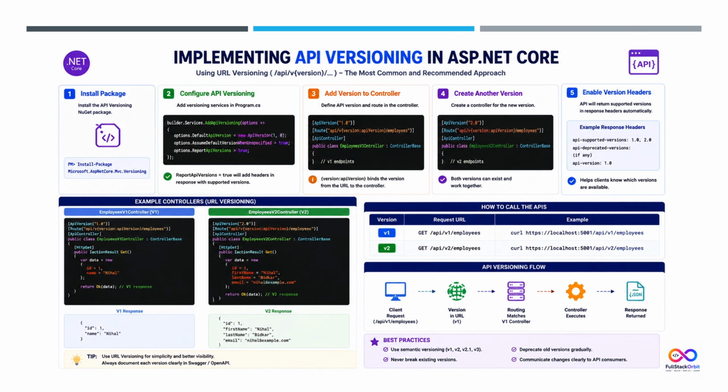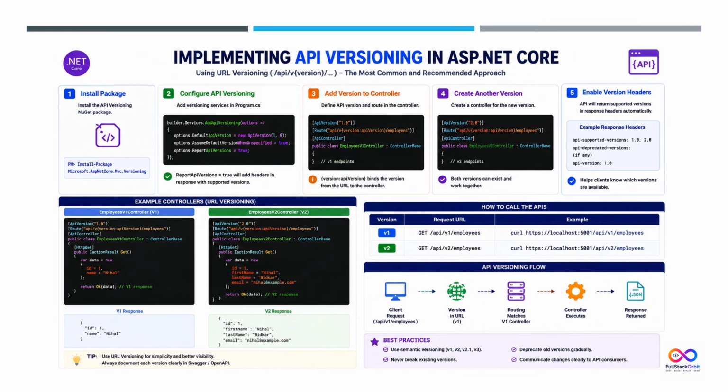This is version 1 of the employee, and if you see version 2, it has a GET method api/v2/employee. Based on the version present in the URL, ASP.NET Core automatically selects the correct controller.